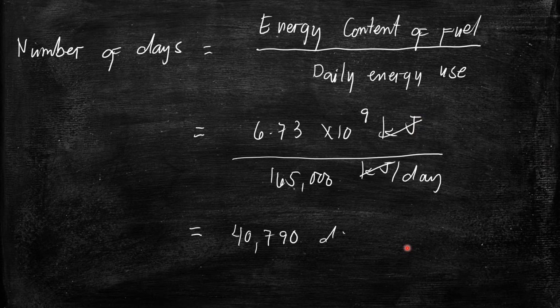So we have 40,790 days, and this is approximately 112 years. Considering that no car will last more than 100 years, this car will never need refueling. It appears that nuclear fuel the size of a cherry is sufficient to power a car during its lifetime.